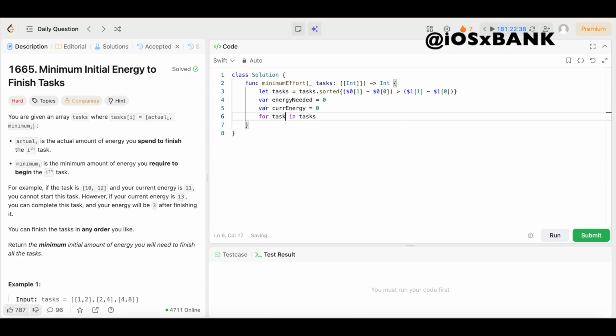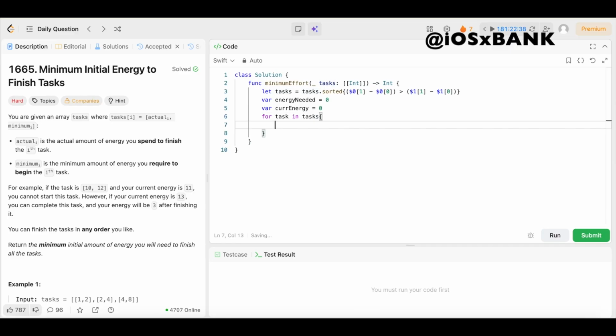Sorry, y'all. This should not have an S. We are going to open up the brackets. And so actual is the energy spent to complete the task, and then minimum will be the minimum energy required to start the task. So we're going to say let, open up the parentheses, actual, comma, minimum, come outside of that, and we're going to set that equal to, open up the parentheses, task[0], comma, task[1].